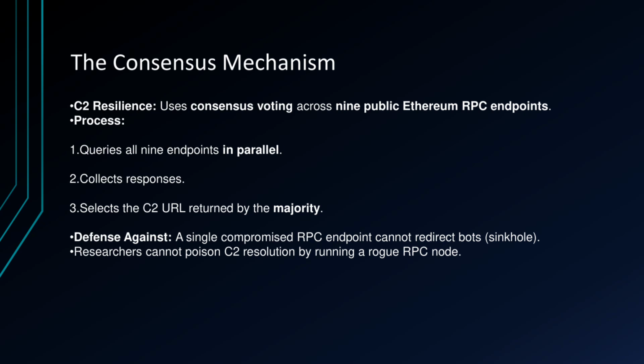This design is crucial. A single compromised RPC endpoint cannot redirect the bots to a sinkhole. Furthermore, researchers cannot poison C2 resolution by operating a rogue RPC node, requiring a coordinated attack on multiple nodes.